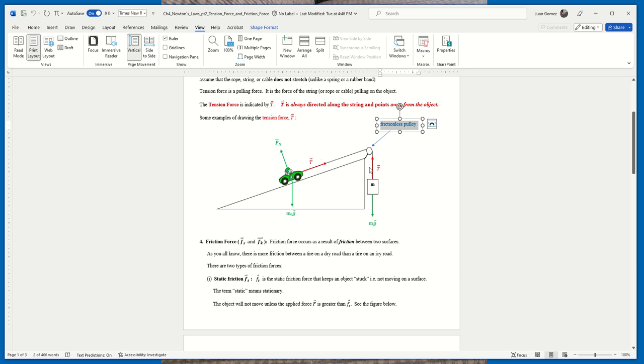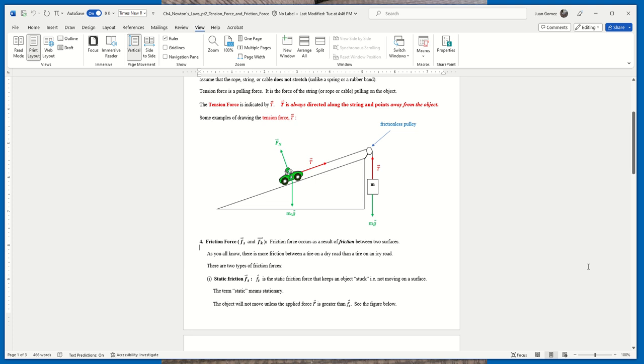Those two tension forces will have the same magnitude. Naturally, they're in different directions, obviously, due to the geometry of the problem, but because they're connected via a frictionless pulley, the magnitude of those two tension forces is the same.